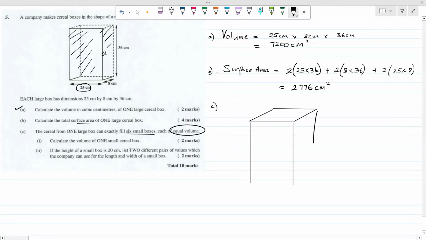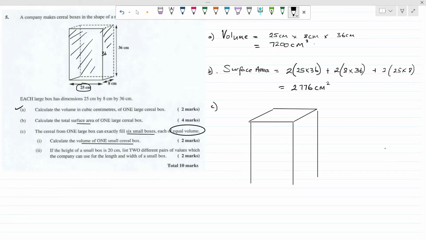I want you to picture some smaller boxes going inside of it. They say that this large cereal box can exactly fill 6 small boxes, each of equal volume. Calculate the volume of one small box.